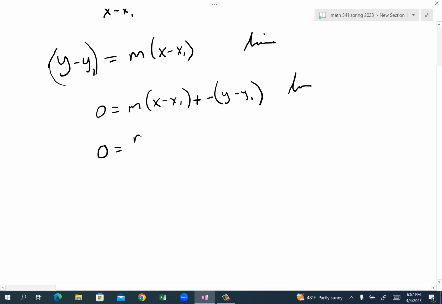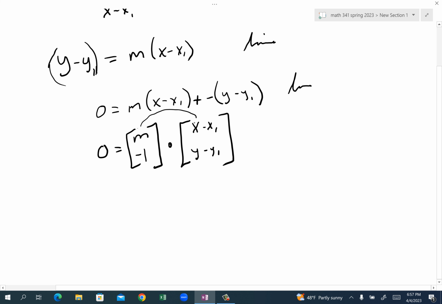I'm going to get m, negative 1, dot, x minus x1, y minus y1. Okay? What are you saying, Jay? I'm saying if you take this vector and you dot product with this vector, you get m times this plus this times this. Nice. Okay?